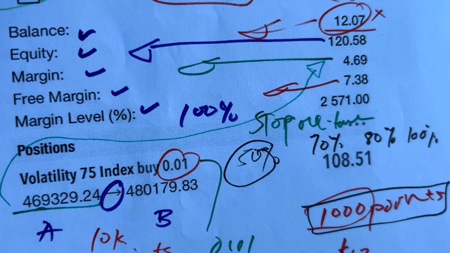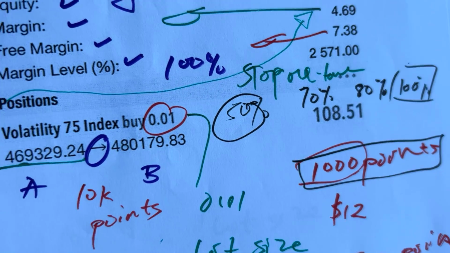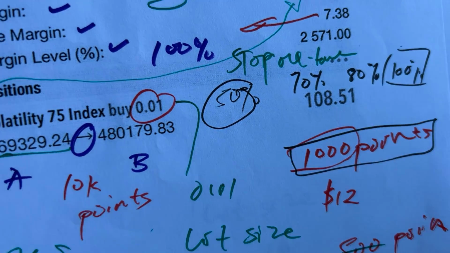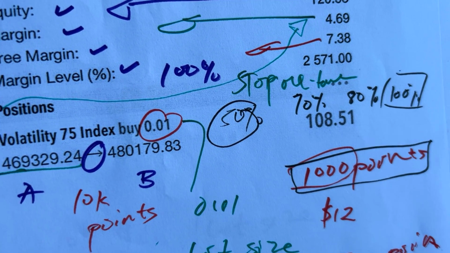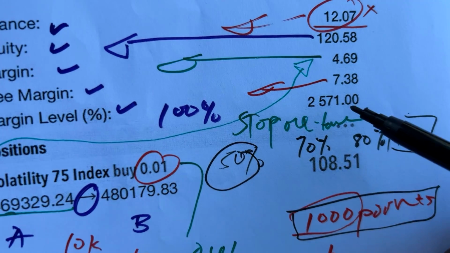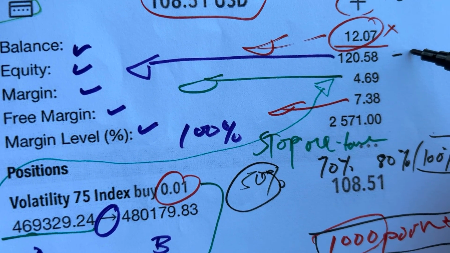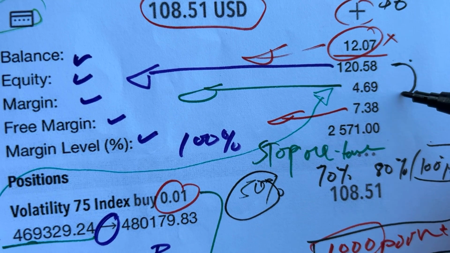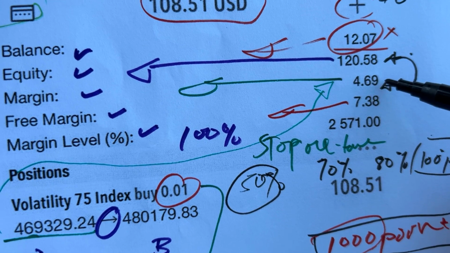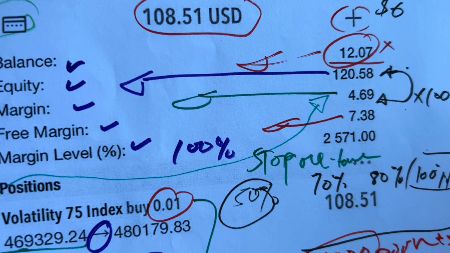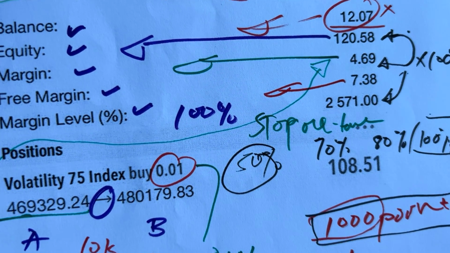However, it's not going to be closed, which is the reason why I'm actually at 100% stop out level, right? I believe it makes much sense to you. All right. So the margin level here is equity divided by margin times 100%. And then you get what? You get margin level. All right.